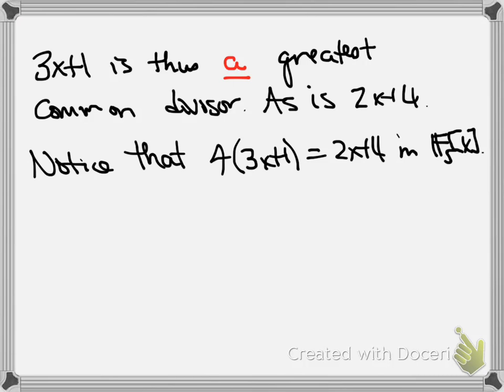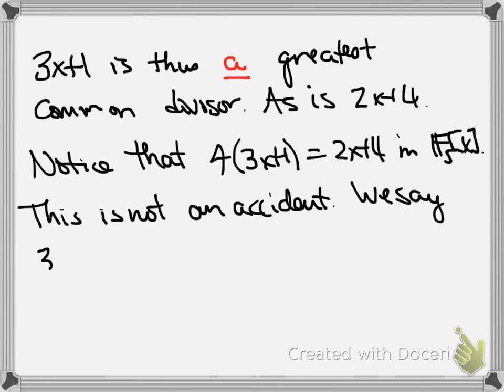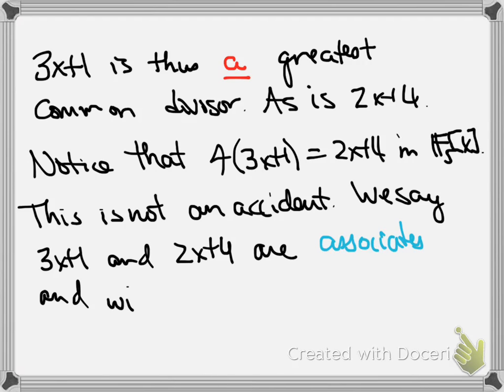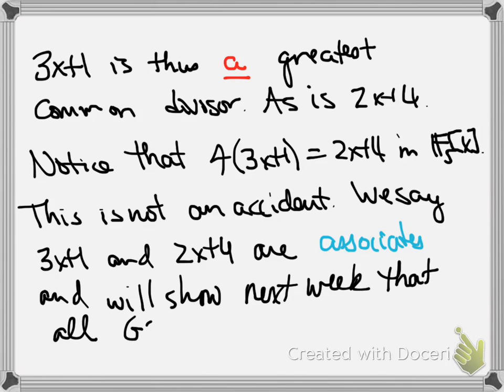And so we've got two different GCDs, but they have the same degree. That shouldn't be surprising. That's part of our definition of greatest common divisor. But they're scalar multiples of each other, or we can get from one to the other by multiplying by an element of the field. Turns out this is not an accident. We say that 3x plus 1 and 2x plus 4 are associates here, and we'll show next week that all GCDs are associates.